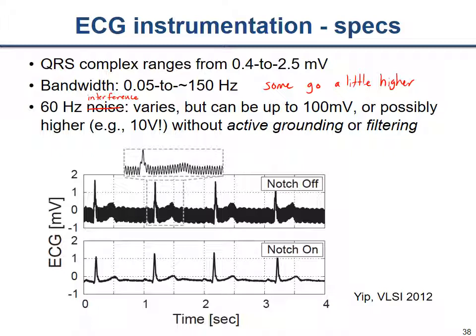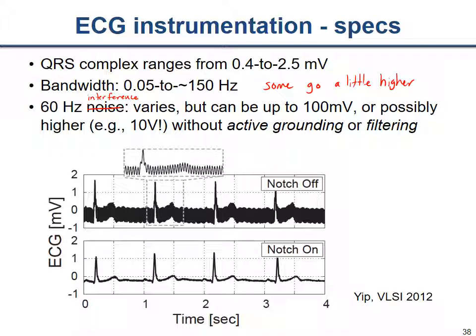And depending on the placement of the body with respect to the AC mains, the type of instrumentation, is the instrumentation itself plugged into the wall? What's the coupling between the wall power and the actual instrumentation electronics, etc. But it's not unheard of to get 60 hertz interference up to 10 hundreds of millivolts, even 10 volts is not completely crazy and unheard of.